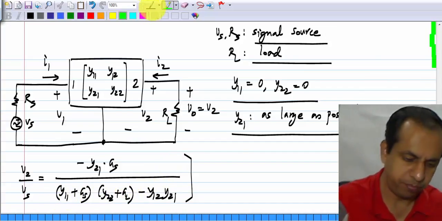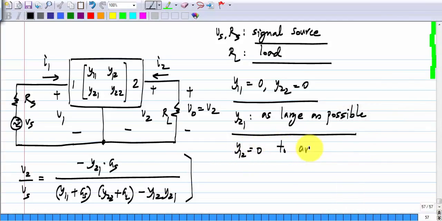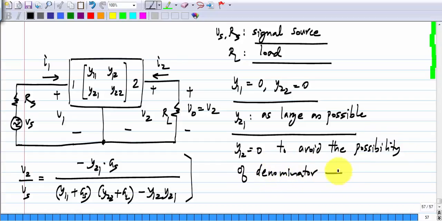So y12 equal to 0 to avoid the possibility of the denominator going to 0. Broadly, these are the constraints on the small signal parameters of the 2 port.